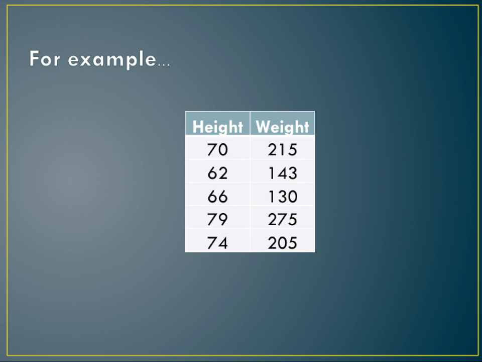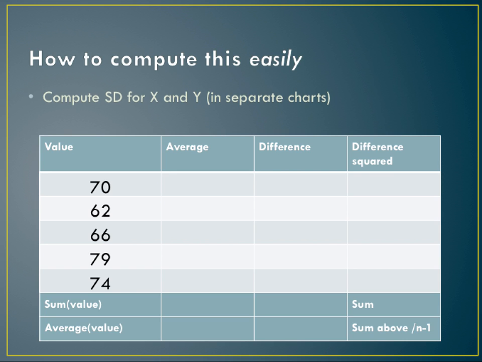So let's take the example of height and weight that we have used before. I hope you can already do standard deviation, but I'm going to walk through standard deviation for height first so I can show you how you can use your standard deviation calculation in your covariance equation. So for standard deviation, we have our 5 values.